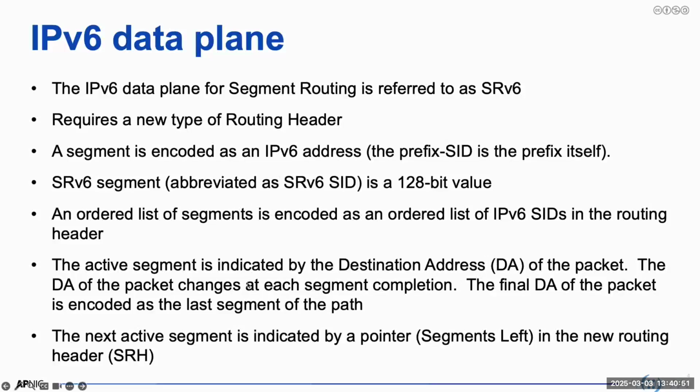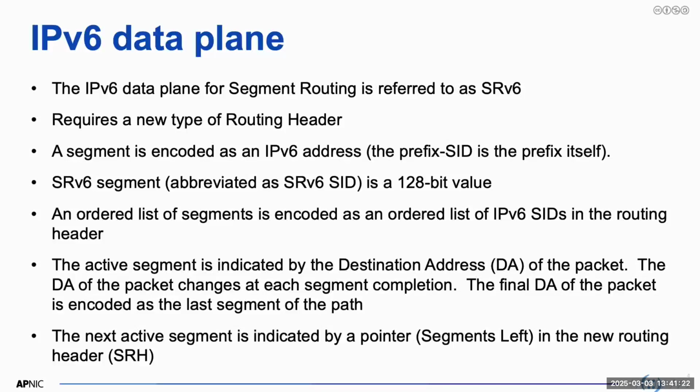So here the segments are encoded as IPv6 addresses when the packet is sent from the source to the destination. So the first node will build the segment routing header, and it will attach that segment routing header when it is sending the packet towards the destination. In short, this is called an SRv6 segment, and its value is equal to the IPv6 address, which is a 128-bit value.